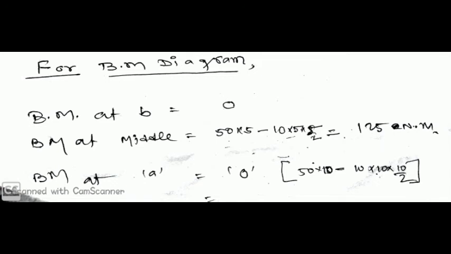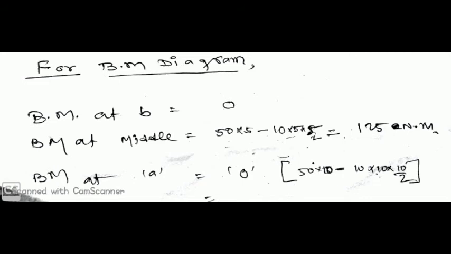Then what is the value of BM at the middle of the span? It is very important. Let's see how to find the BM at the middle of the span.